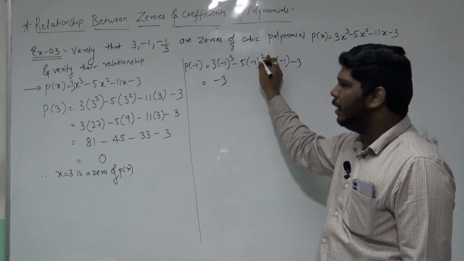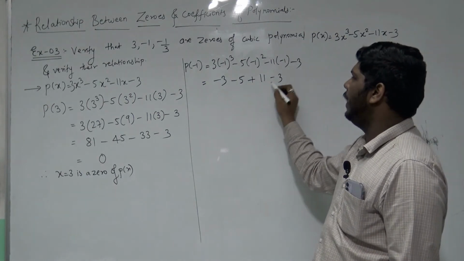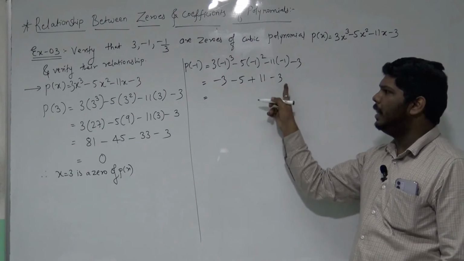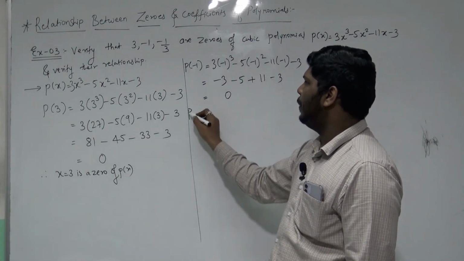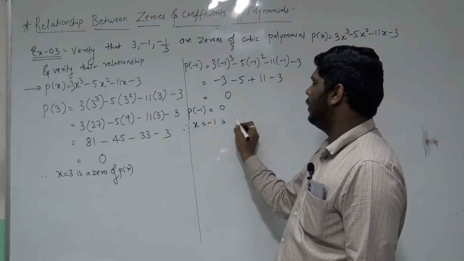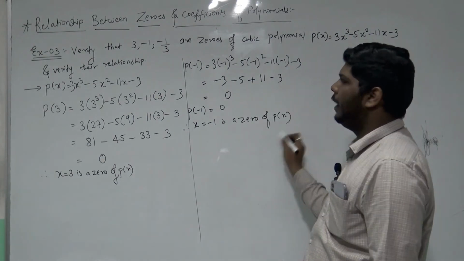Here square is positive, so minus 5 will remain as it is. Here again the product will be positive, right? So minus 3 minus 5 is minus 8, minus 8 plus 11 is plus 3, and 3 minus 3 will be 0. So once again I am saying that p of minus 1 is equal to 0, therefore x is equal to minus 1 is a 0 of p of x, correct?